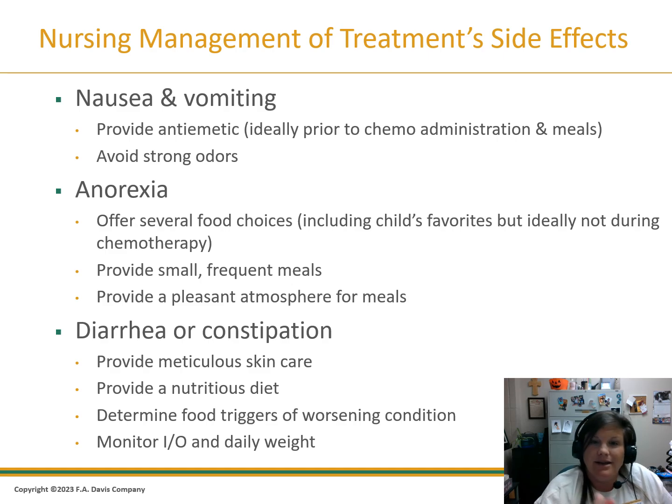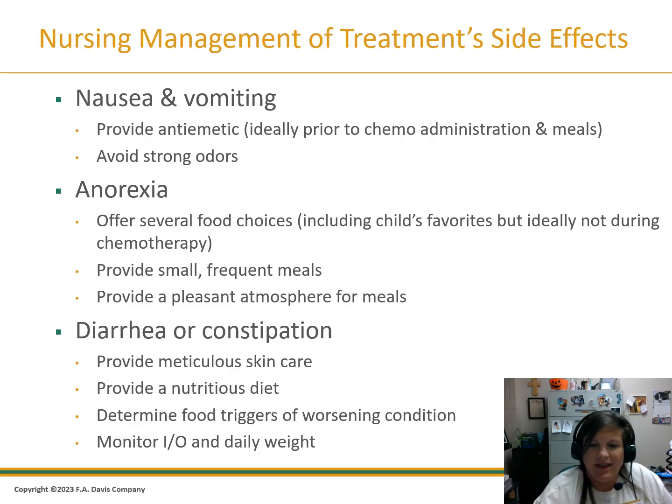An antiemetic would be administered to the patient before they eat, so that when they eat, hopefully they don't have that sensation. But also other things can be done, like avoiding strong odors, or the appearance or textures of some foods may need to be avoided because of the tendency for them to trigger it.